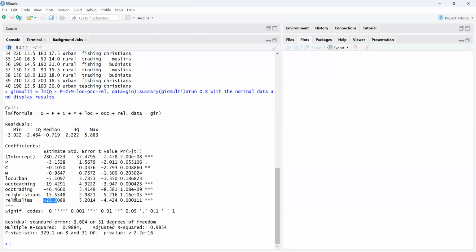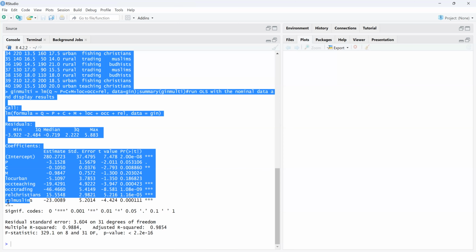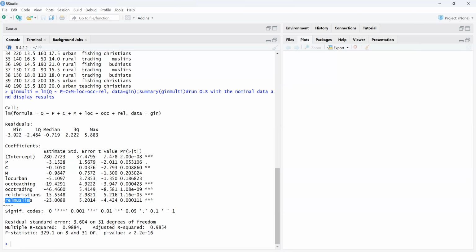Less if the people are Muslims than what? Than Buddhist. Why Buddhist? Because Buddhism is the 3rd level of religion, which is not here. But from the story, you should remember and know what it is. So that is a reference category.